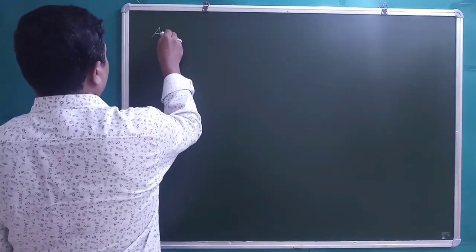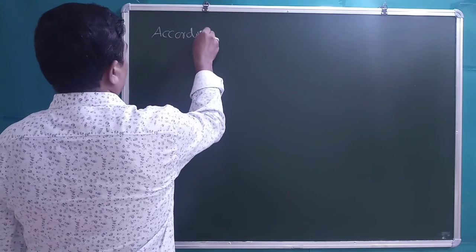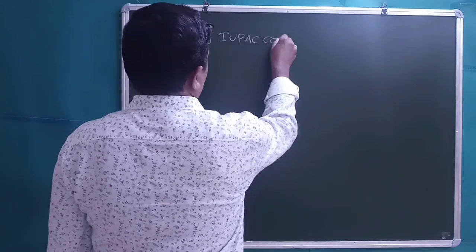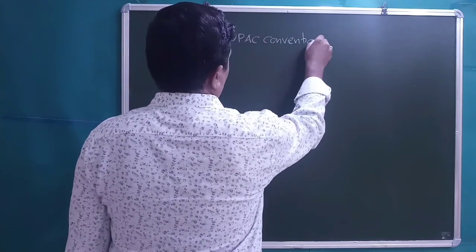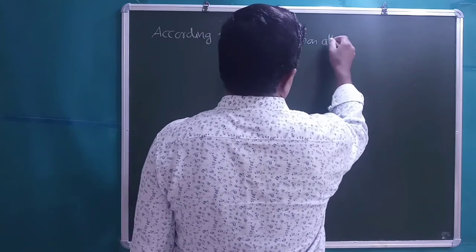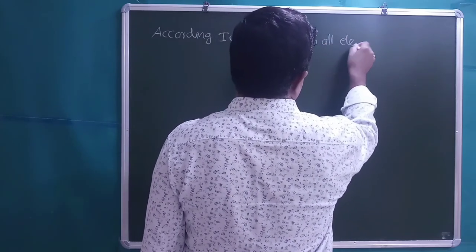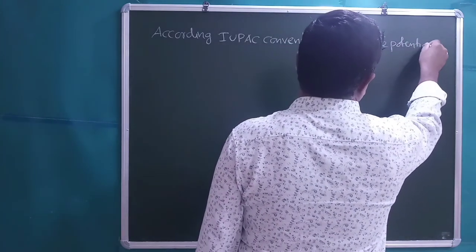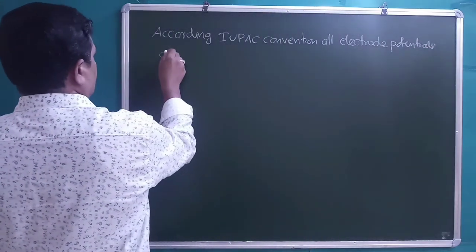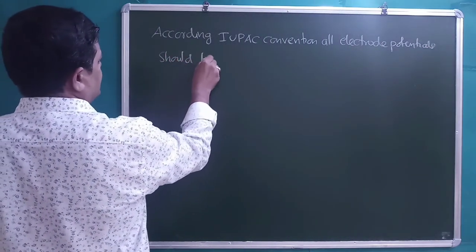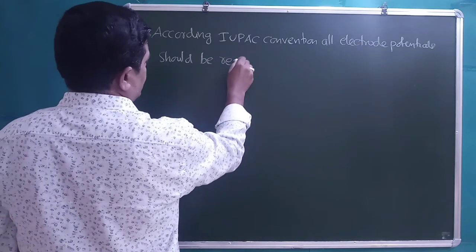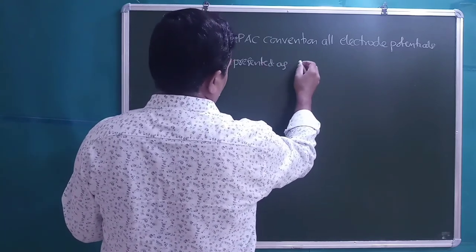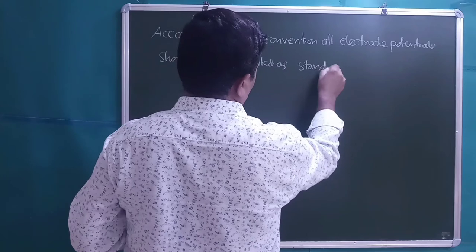According to IUPAC convention, all electrode potentials should be represented as reduction potentials, standard reduction potentials.